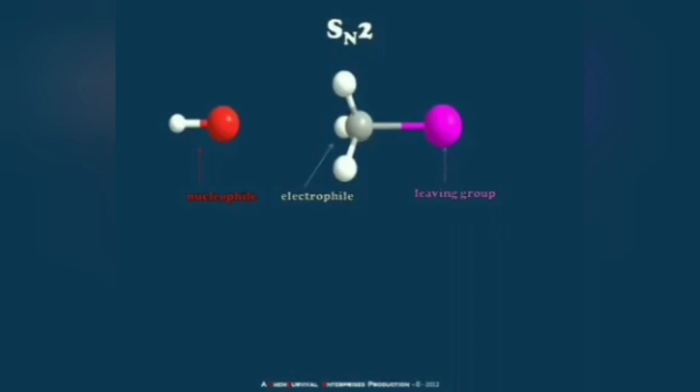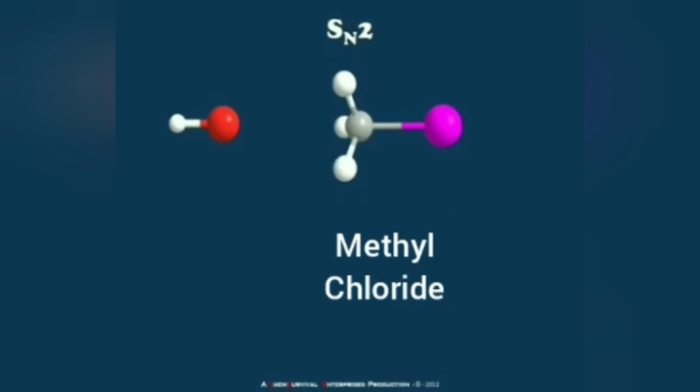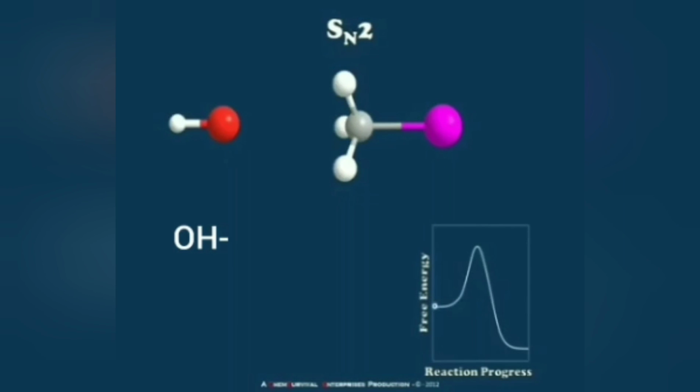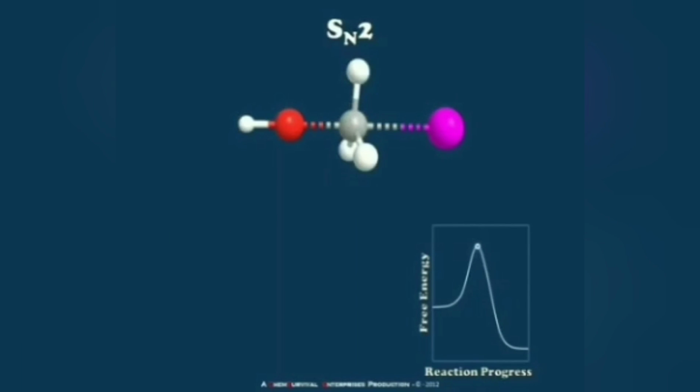Now, look into the SN2 mechanism, where the methyl chloride is attacked by the nucleophile OH minus from the opposite direction. It attacks the carbon and forms an intermediate.